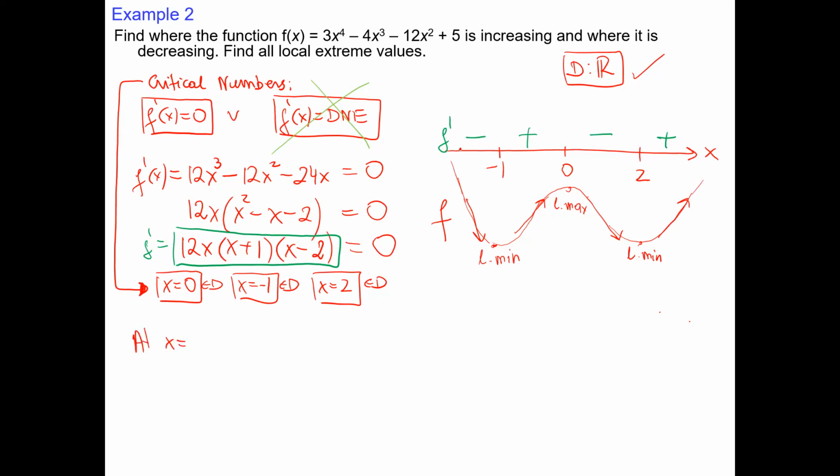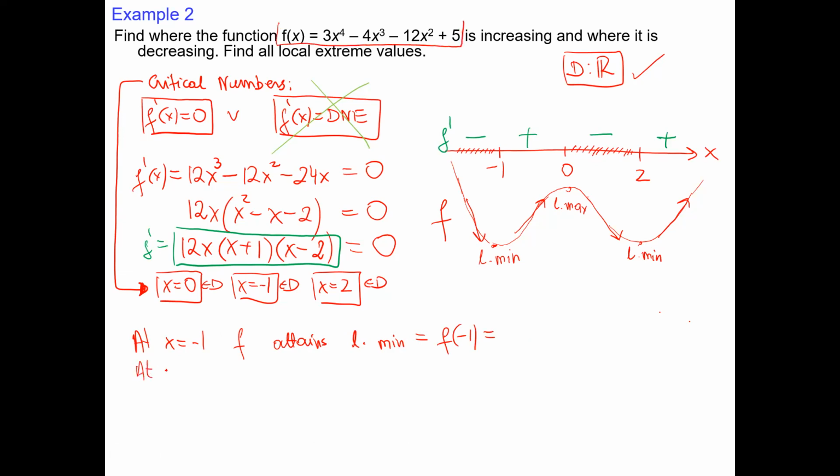This will be the interval for decrease, and the other one is for increase. That means at negative 1 the function attains a local minimum. And if we would like to find this local minimum, we have to find the value at negative 1 by substituting back into the original function.